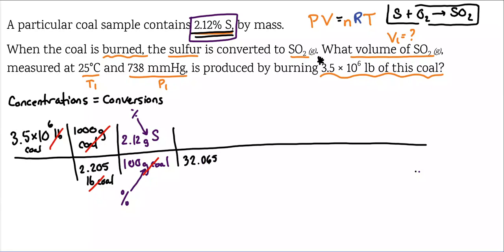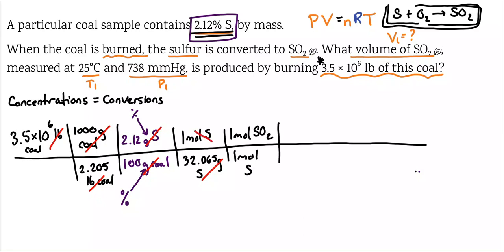The percent sign would serve as a unit and would cancel out. Here, grams of coal is gone, grams of sulfur remains, and we're set up to use a molar conversion using the molar mass of sulfur to get to moles of sulfur. There are 32.065 grams of sulfur for every 1 mole of sulfur. After that, using the balanced chemical equation, we know that for every 1 mole of sulfur used, 1 mole of sulfur dioxide would be produced, and this will give us our n value for our ideal gas law.